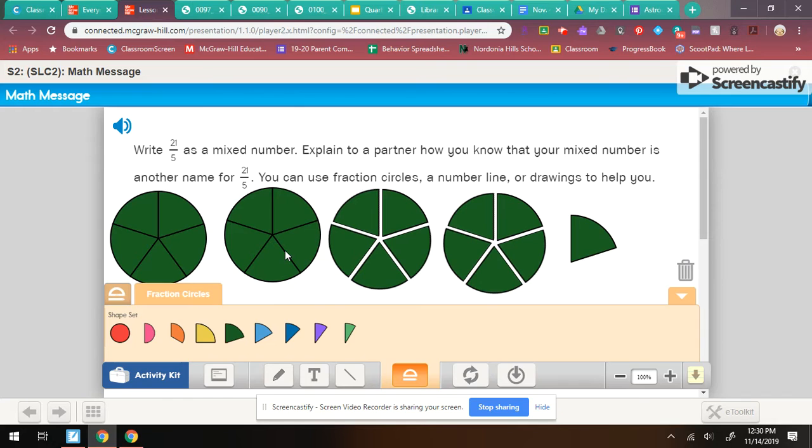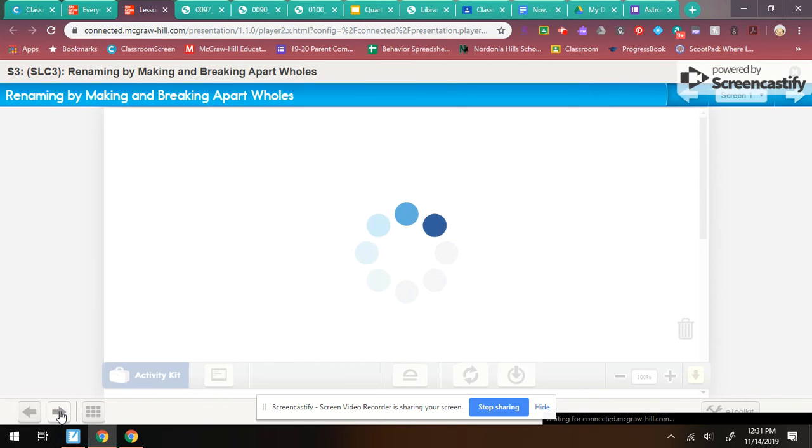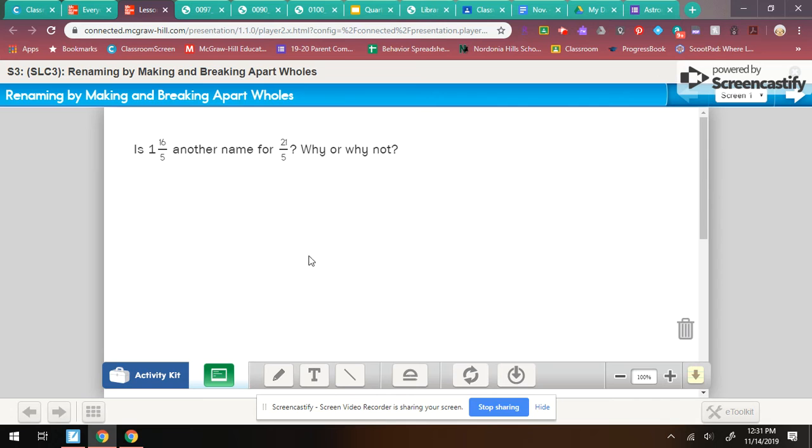And break this one up. And break this one up. What do I have now? I have 1 whole, and then 1, 2, 3, 4, 5, 6, 7, 8, 9, 10, 11, 12, 13, 14, 15, and 16/5. So that is another way to write 21/5.